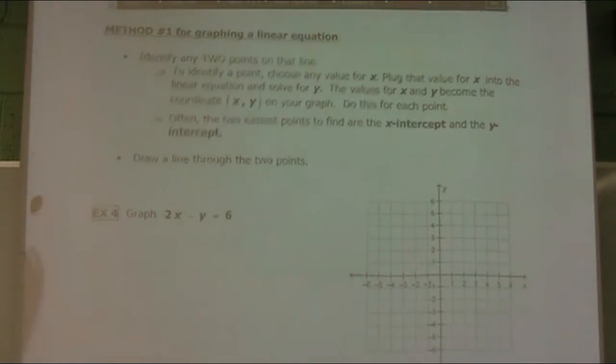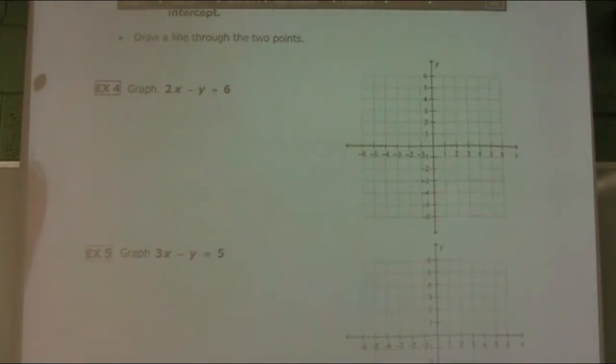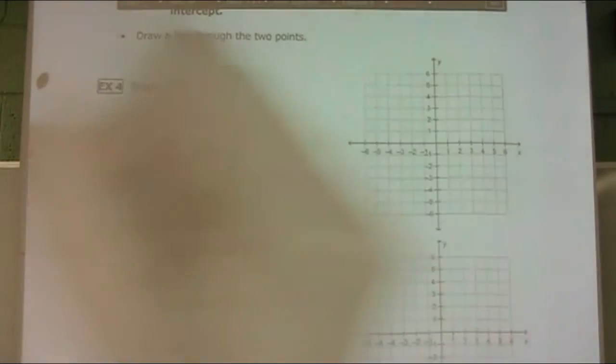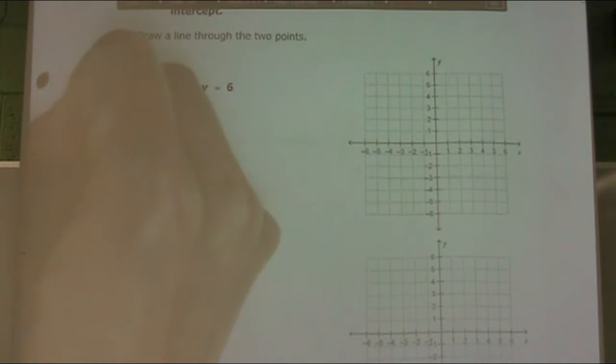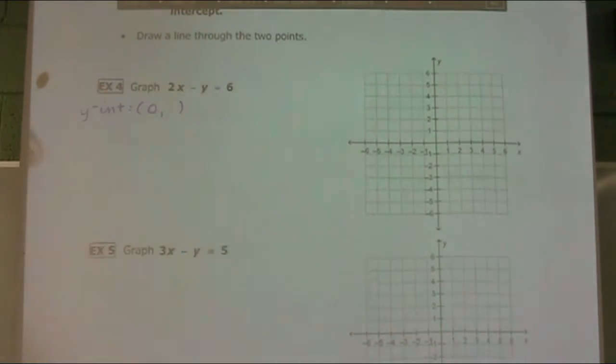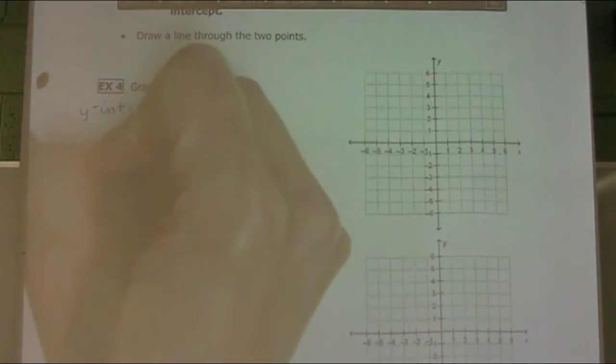And once I find those, I'm simply going to draw a line through the 2 points. So what I'm going to do first here, I've got an example to graph, and I'm going to find my x-intercept and my y-intercept. Here's my y-intercept. It is the point 0 and a number. So I'm going to put 0 in for x.